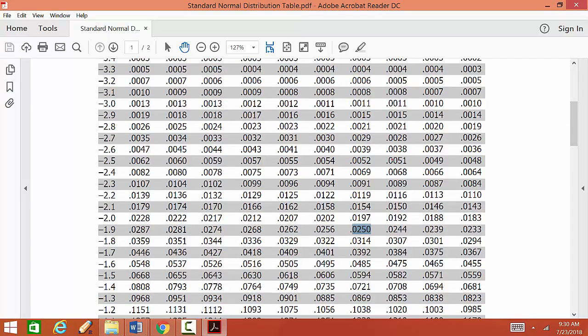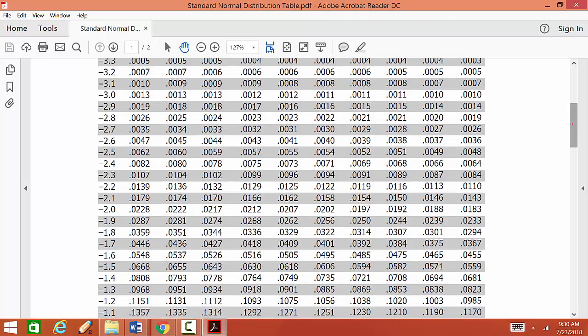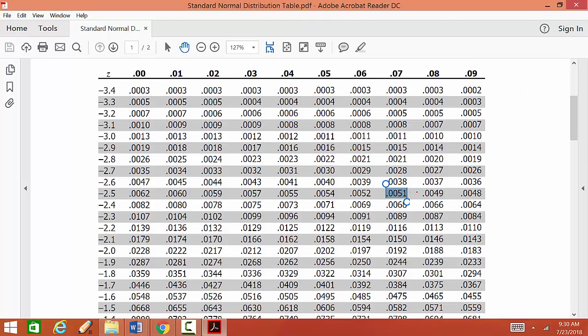0.005. And it looks like we have two. We have 0.0051 and 0.0049. So 0.0051 is negative 2.57, and 0.0049 is negative 2.58. So what's exactly in between negative 2.57 and negative 2.58?